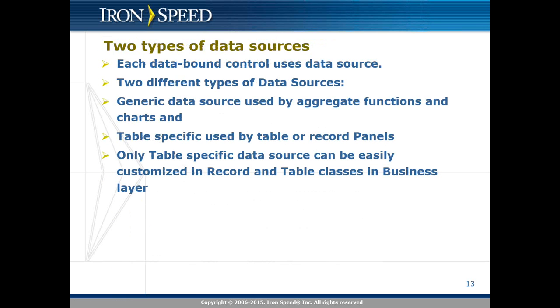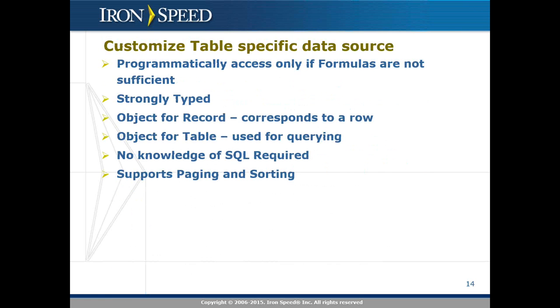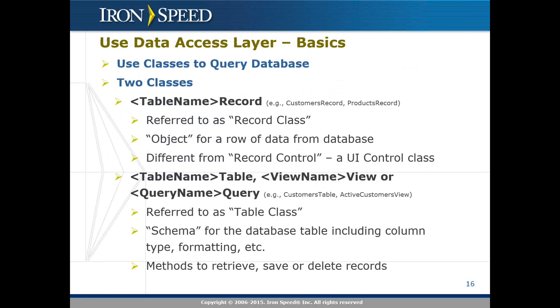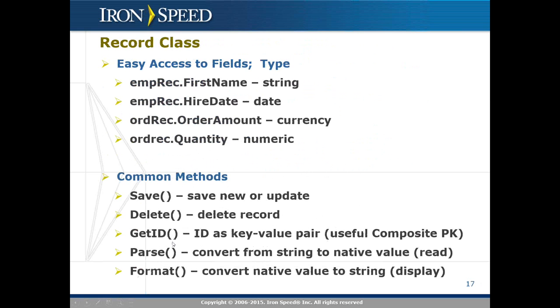It just makes it that much easier. Get ID, which will go out and actually get that ID value. And then there's additional functions, parse and format, so you can go from different values, different value types. Okay, and of course the ubiquitous format command.